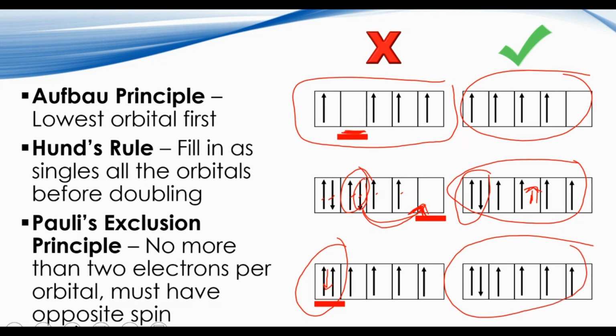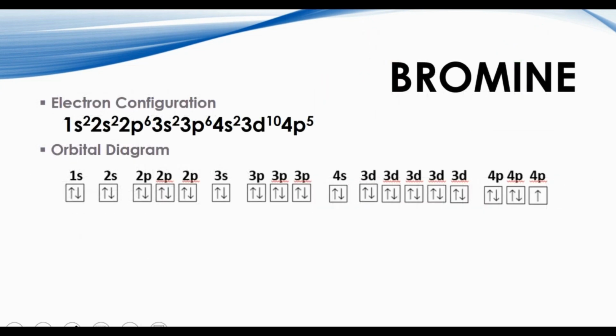So, in pretty simple terms, Aufbau's principle: start at the beginning on the left side, go one by one. Hund's rule: keep them single for as long as possible. Once you run out of boxes, go back and start filling up, reverting back to the first on the left. Now, Pauli's exclusion principle: no more than 2 per orbital, and we also want to always point them in opposite directions. Now, how does this relate to electron configuration?